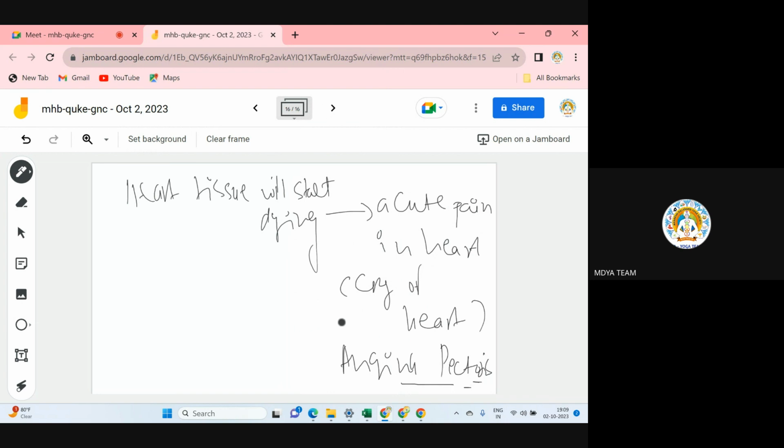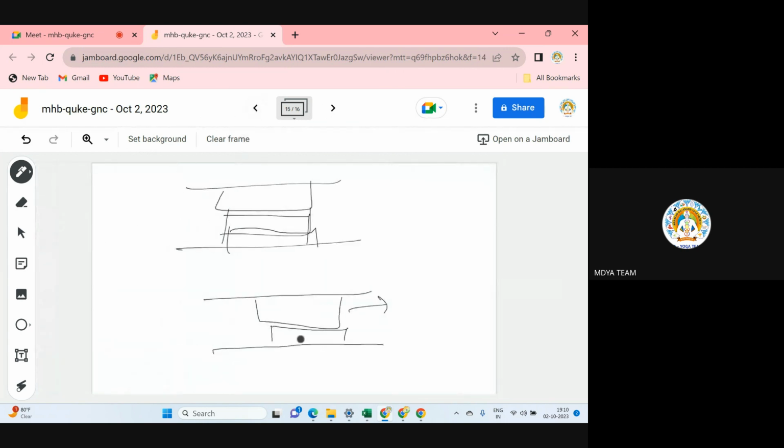And after some time there will be cardiac arrest or heart attack, or MI, myocardial infarction. This is the scientific term for heart attack. So this is the long-term consequence of coronary artery disease, atherosclerosis.